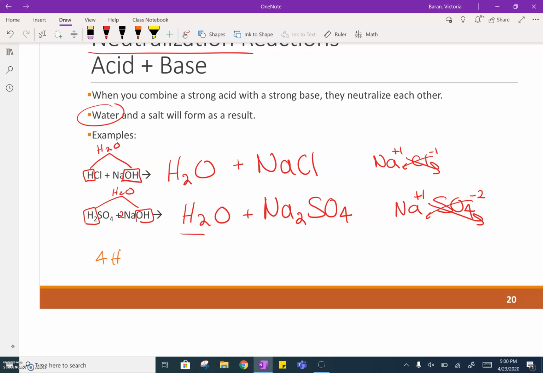Now, since you have 4 on this side and you have 2 on this side, we have to put a 2 in the front here, which works because now we have 2 oxygens and we have 2 oxygens on this side. Again, the reactants will always be balanced for you, so that 2 should have already been there, and then the only thing you had to do is put a 2 in front of the H2O.